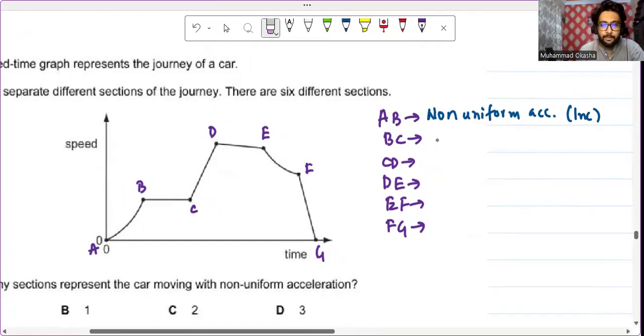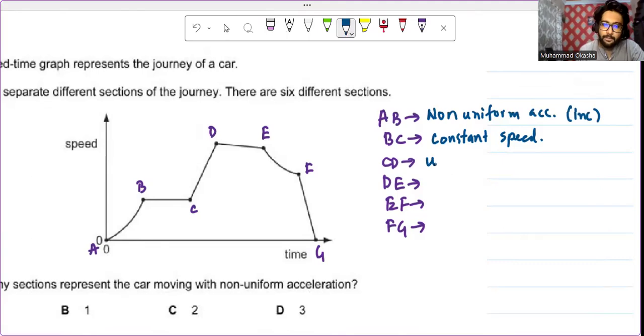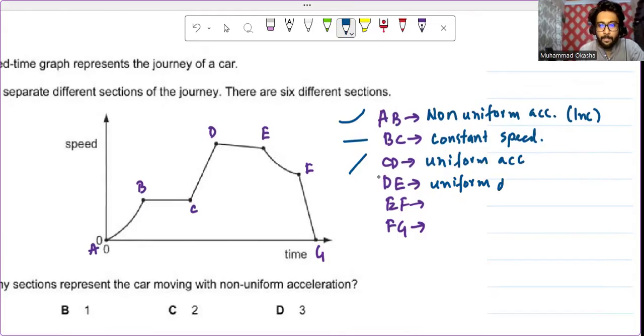Okay. B to C is constant speed because this is a horizontal line. So you'll have a constant speed. C to D is uniform acceleration. D to E is uniform deceleration, right?